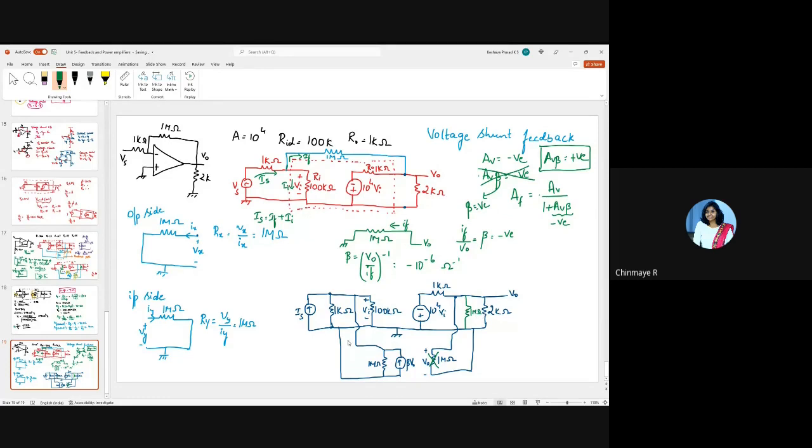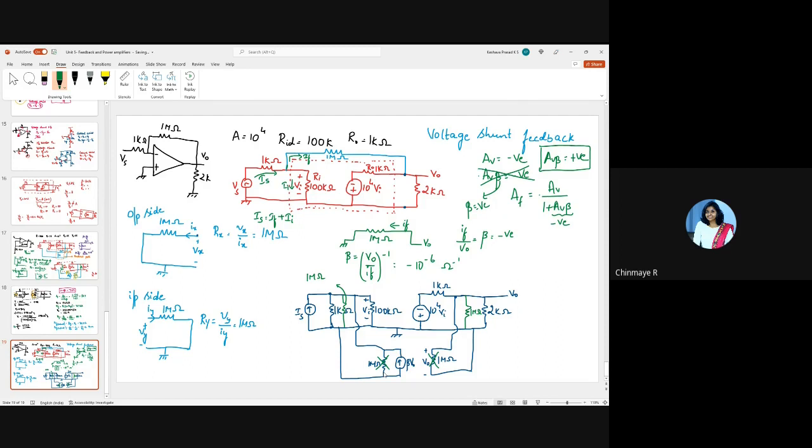Similarly, I'll push this also back to the input side, which means that here I'll have to connect a resistance of 1 mega ohm. Then I'll disconnect it from here. Basically, I'm trying to push all the loading onto the amplifier and I'm making the beta network free. By doing this, I have now made the beta network free of any loading effect.